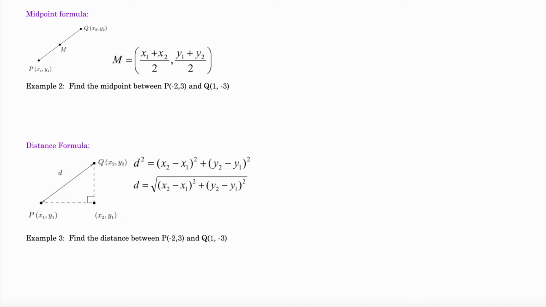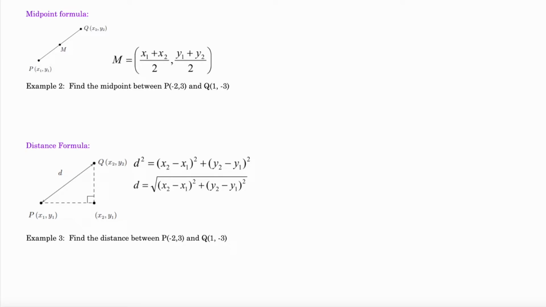We also want to talk about the midpoint between 2 points on the plane. So the midpoint is simply adding the x values and dividing by 2, and then adding our y values and dividing by 2. So we have the 2 points, (-2, 3) and (1, -3).